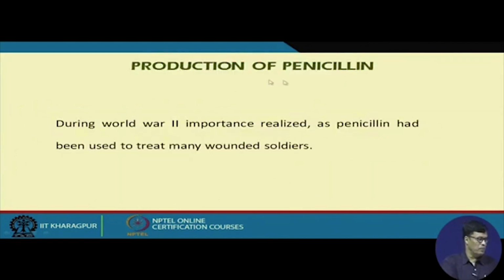During World War II the importance of penicillin was realized, as penicillin was used to treat many wounded soldiers. As I told you before, the importance of penicillin became visible after World War II.